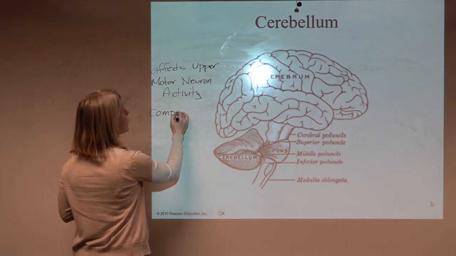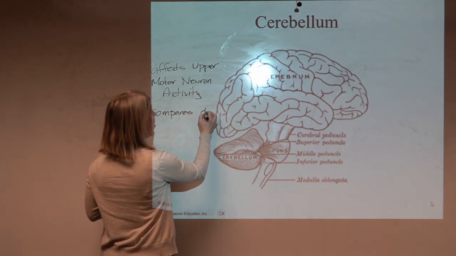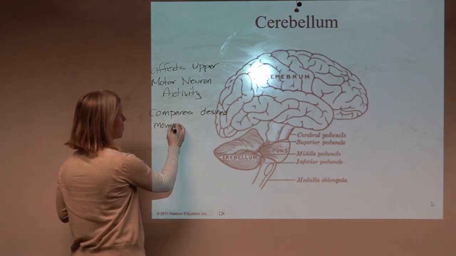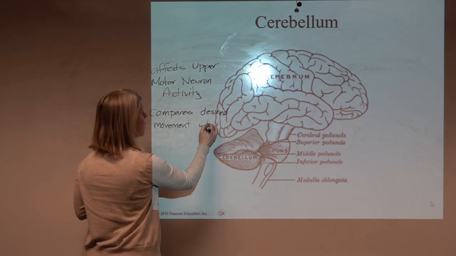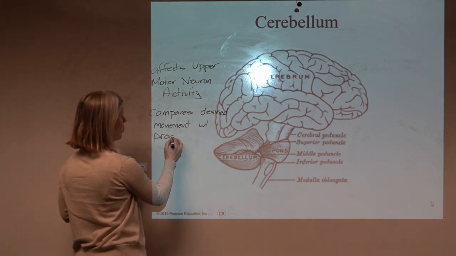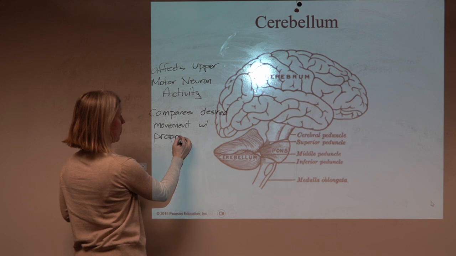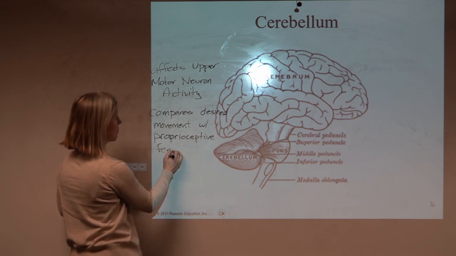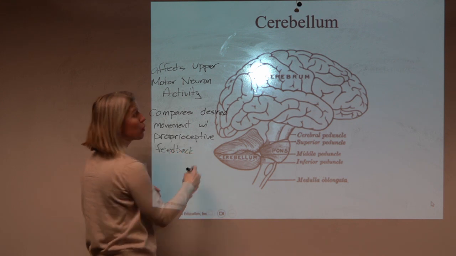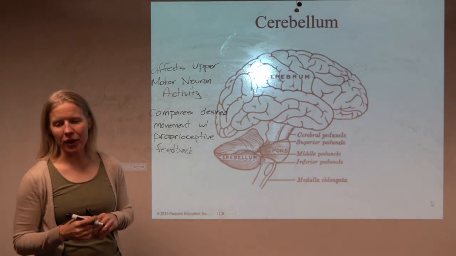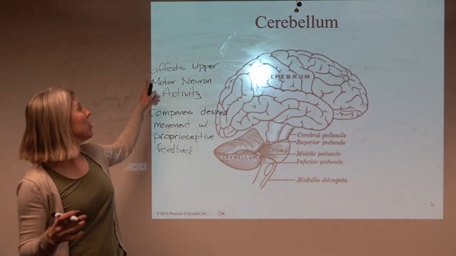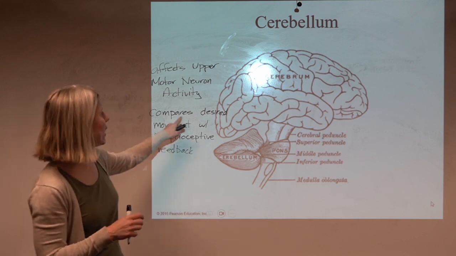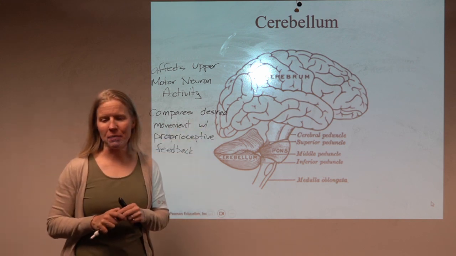So it compares the desired movement with the proprioceptive feedback that it's gotten through those sensory pathways, and then it's going to tell those upper motor neurons, hey, this is how you're doing, or this is what you should adjust to actually get where you wanted to be.